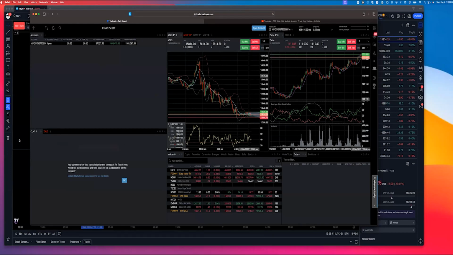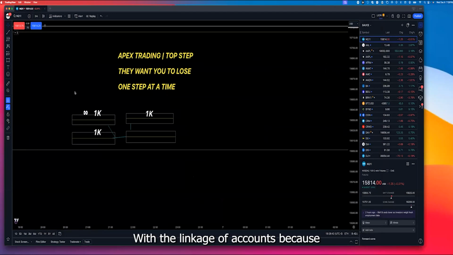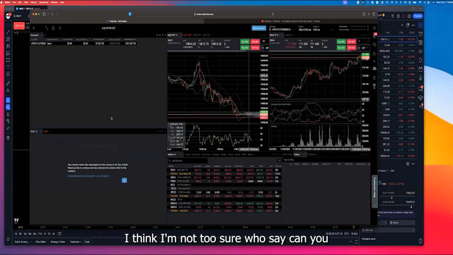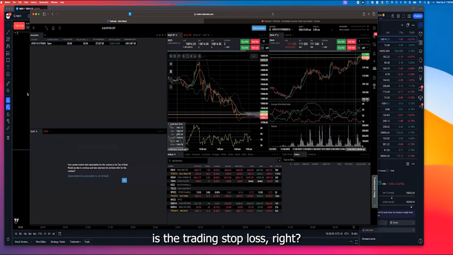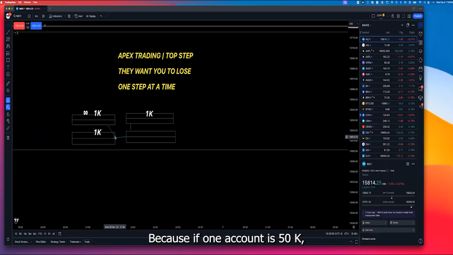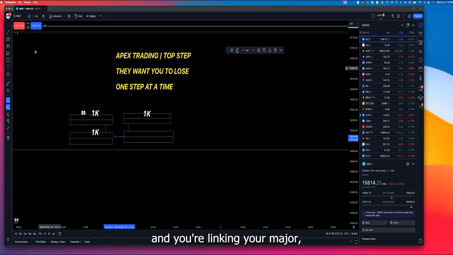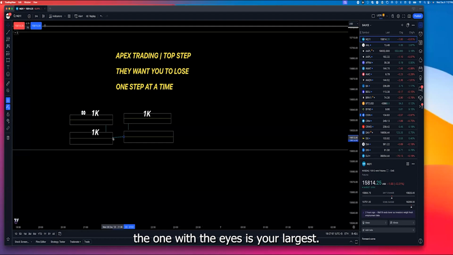One thing to note with the linkage of accounts: I think it was Kimberly who asked, can you link different accounts? You certainly can, but the number one thing to note, Chris, if you go back to your drawing, is the trailing stop loss. If one account is 50K, the other is 300, the other is 225, and you're linking your main account, the largest one, just know that it could affect the other ones in terms of drawdown, because the others are going to have less drawdown.